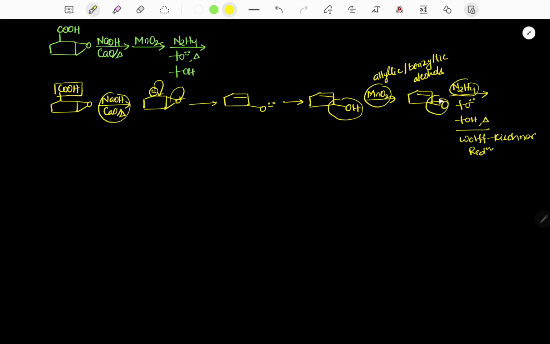Therefore, here the C=O group will be reduced to the corresponding CH2. So first the carbanion forms, after acidification the corresponding alkene forms. So it is a Wolff-Kishner reduction. The first one is soda lime decarboxylation, the second one is allylic oxidation, and the third one is Wolff-Kishner reduction.